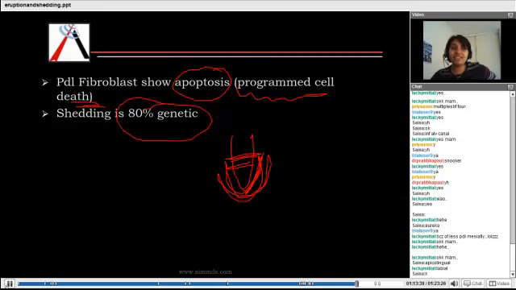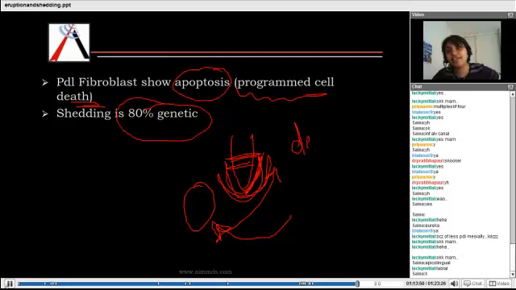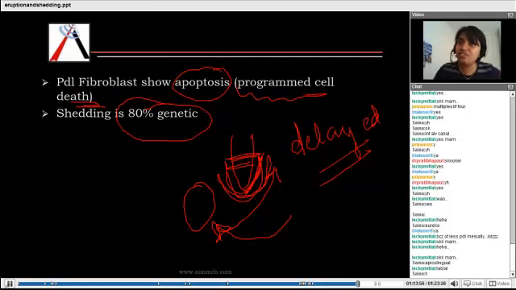But yes, we need a permanent successor to bring about the shedding of the deciduous teeth. Many a time, because of the absence of the permanent successor, the shedding may be delayed, but it is just delayed. It doesn't mean that if the permanent tooth is not there, the shedding will not happen. Many a time, even with a missing permanent tooth, shedding happens.